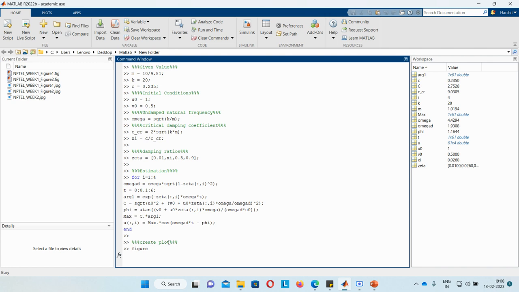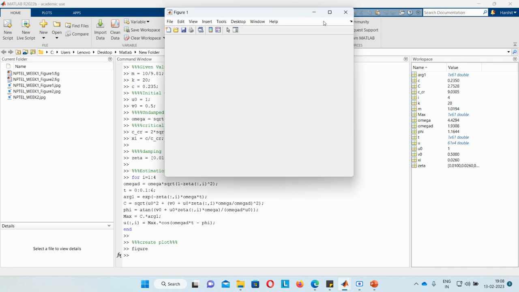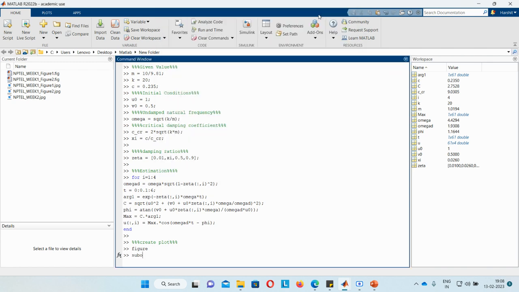Now, how to represent this in a single figure? For this, we will use a command known as subplot. Since I have four plots, I will define subplot as 2 comma 2. So it will create a 2 cross 2 matrix. My figure will be divided into four parts, two rows and two columns. So in the first part of these four, I will define my first subplot as plot t comma u of.